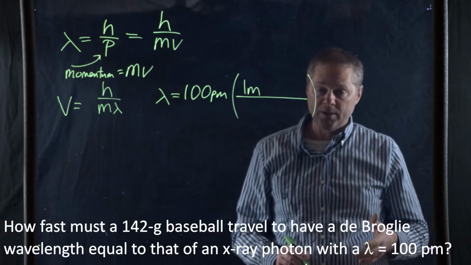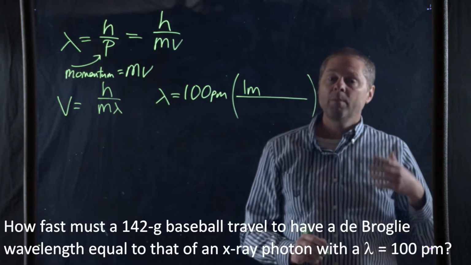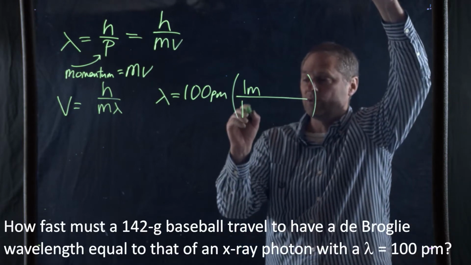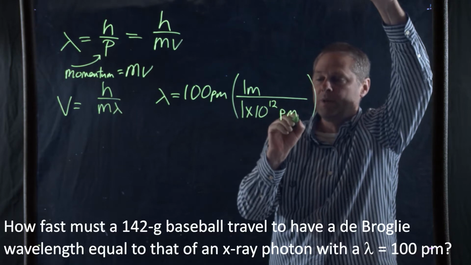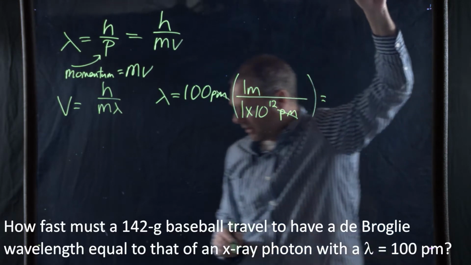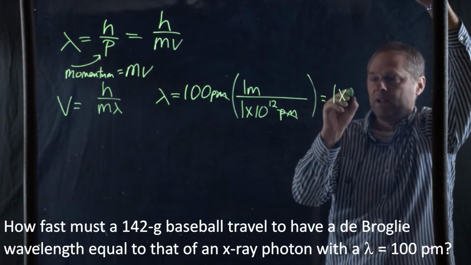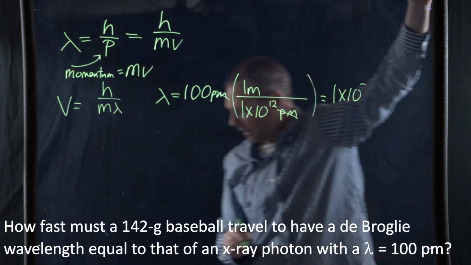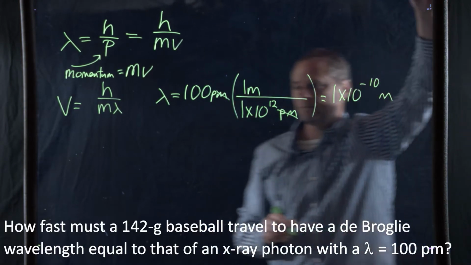We do nanometers, which is -9, and then after that we have picometers, so that's -12. So 1 times 10 to the 12th picometers is equal to 1 meter. The picometers cancel, and what we end up with is 1 times 10 to the negative 10th of a meter.